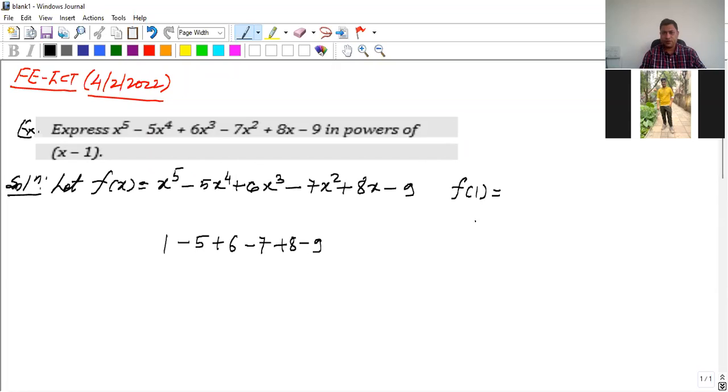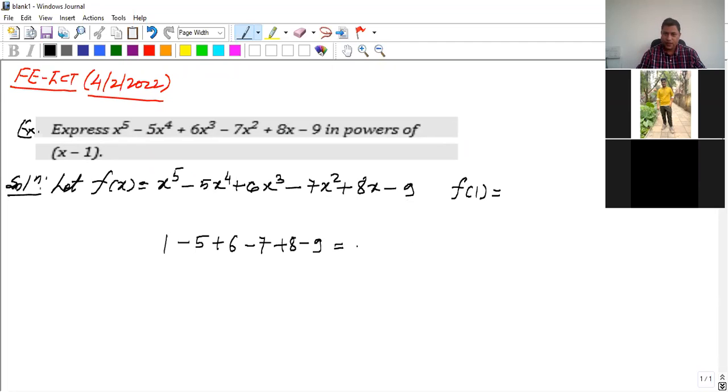If I put x is equal to 1, then this will be 1 minus 5 times 1 raised to 4 plus 6 times 1 cube minus 7 times 1 square plus 8 times 1, and minus 9. So what is this value going to be? Minus 6. Okay, so this is going to be minus 6.